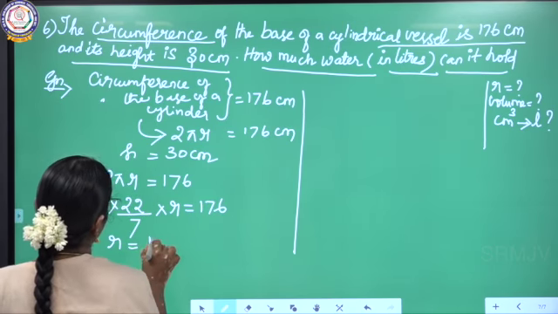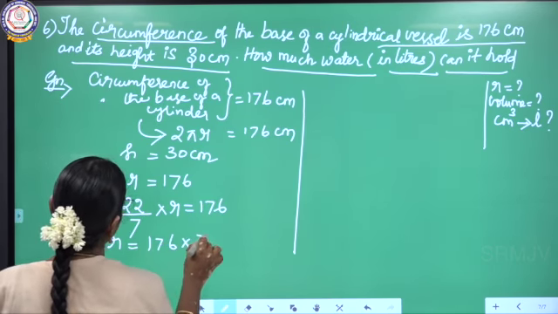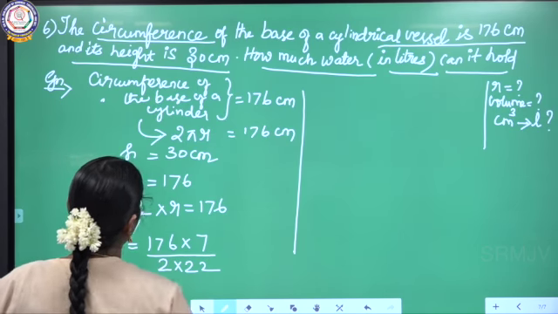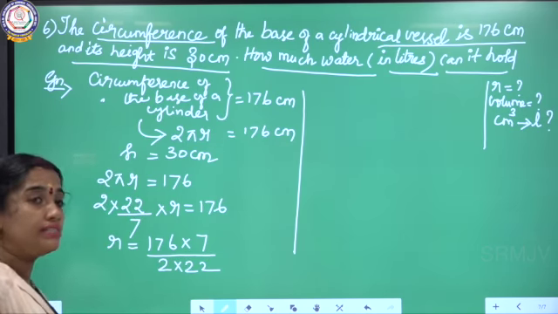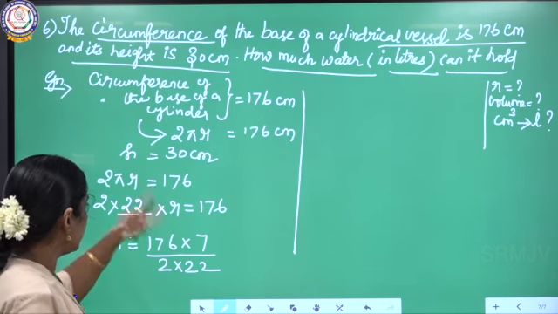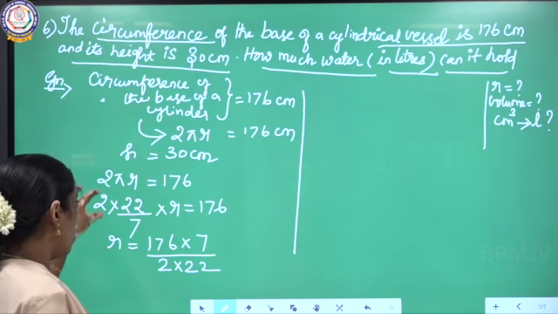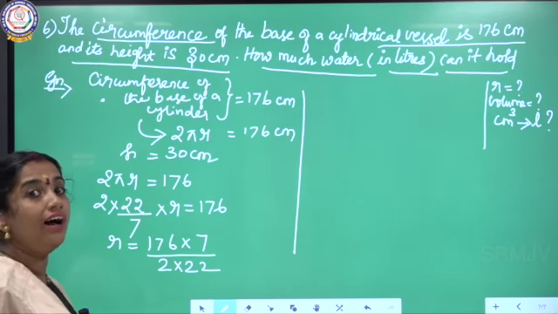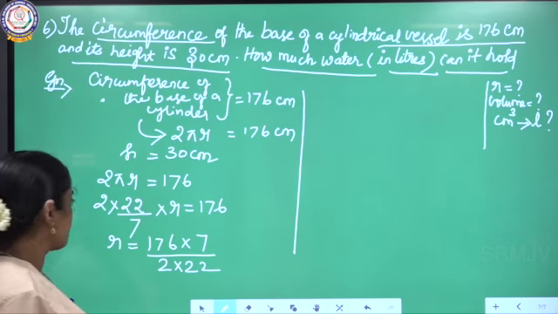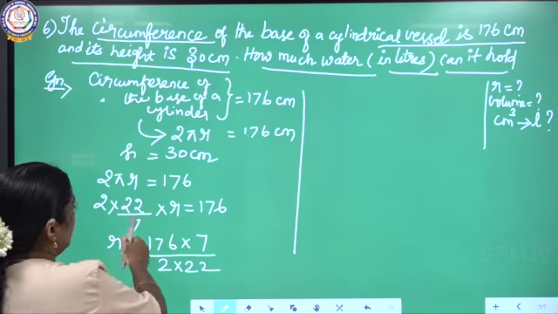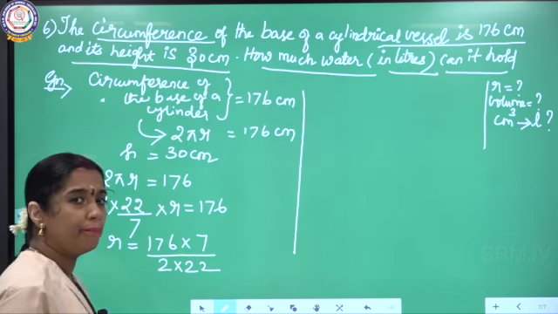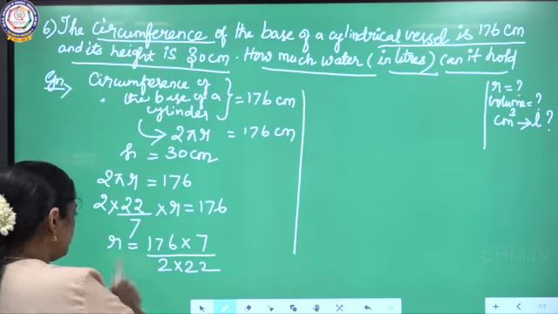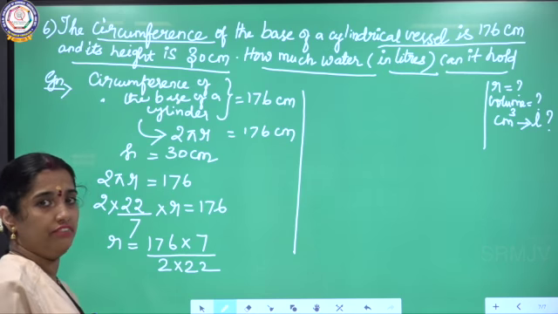R is equal to 176 into 7 divided by 2 into 22. How can I do this? Listen. So, radius I am going to find out. What is there in the multiplication? If I send that into the RHS, when it moves, multiplication becomes division.